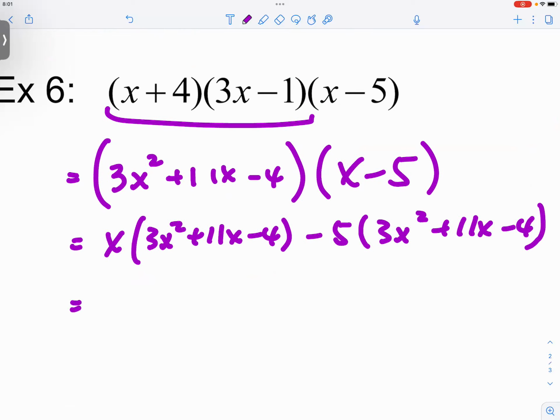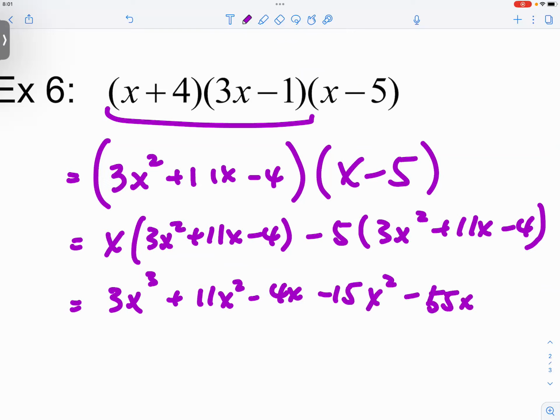But what you must get is that is 3x to the minus 4x. Ooh, there's a minus 5. You gotta be careful with the minus 5. So because of the minus 5 right here, a lot of signs would change. So you better double check yourself, okay?